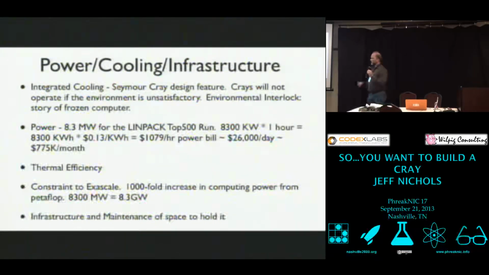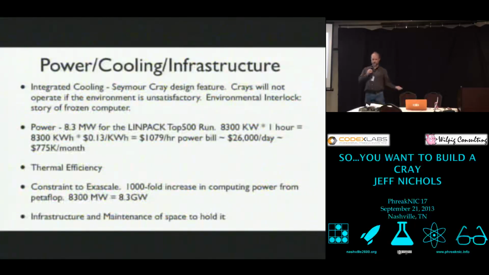What has become much more important is the thermal efficiency. How much computing are you getting per watt of power used? Titan actually ranks number 2 or number 3 on that list. So it is very efficient, but it's huge. And power is really also a constraint to exascale.